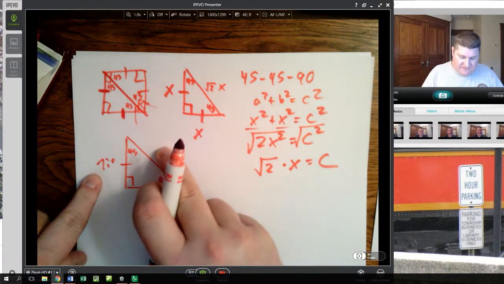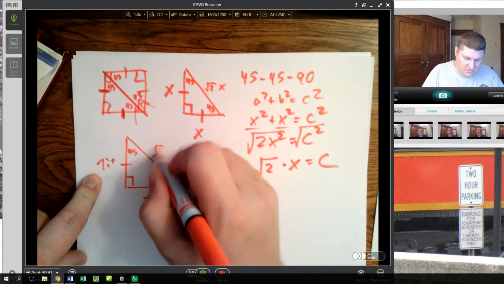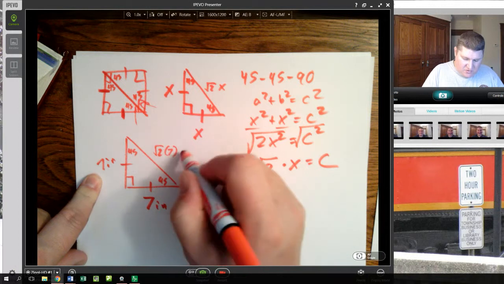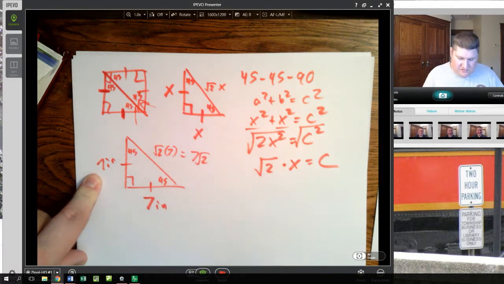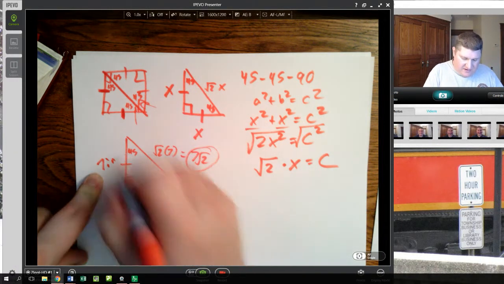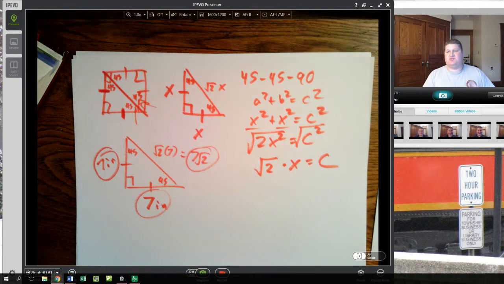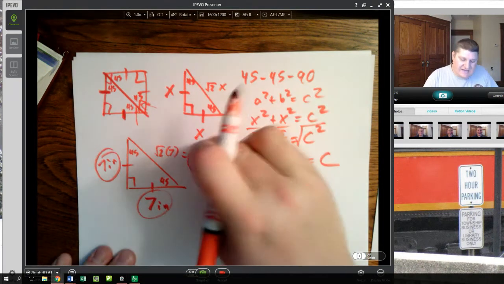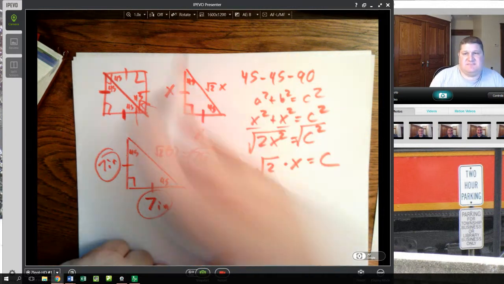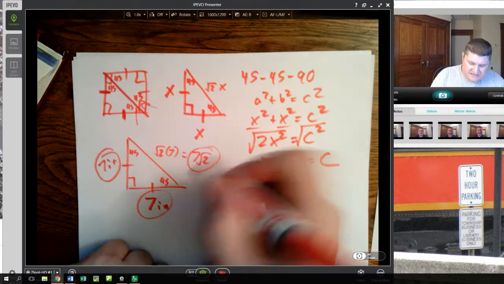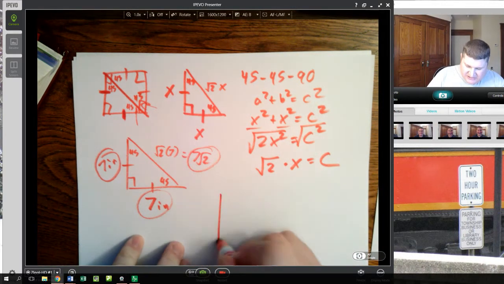And what does this have to be? It has to be root 2 times 7, or 7 root 2. So that's how you use these special triangles. You use them based on similar triangles to make other sizes. I don't like the x's because we'll use x's in other places. I traditionally just say the following.